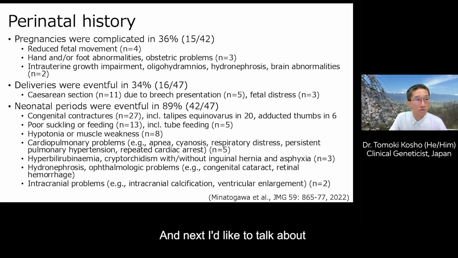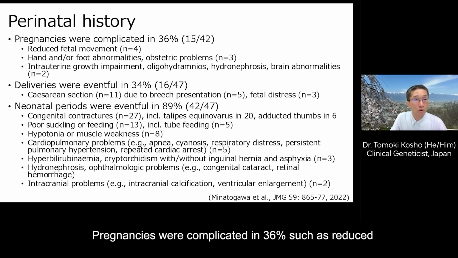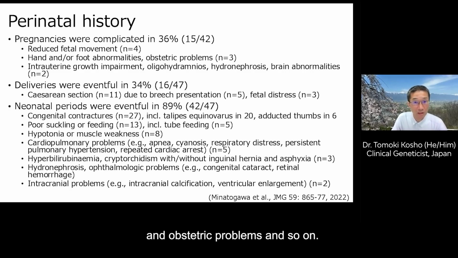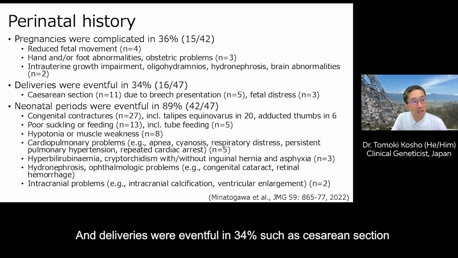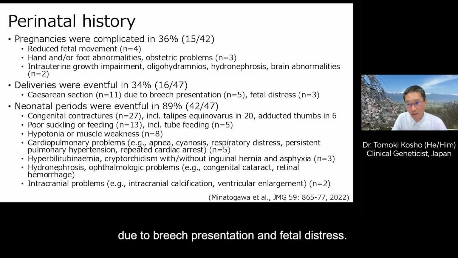Next, I'd like to talk about the perinatal history of this syndrome. Pregnancies were complicated in 36%, such as reduced fetal movement, hand or foot abnormalities, and obstetric problems. Deliveries were eventful in 34%, such as cesarean section due to breech presentation and fetal distress.